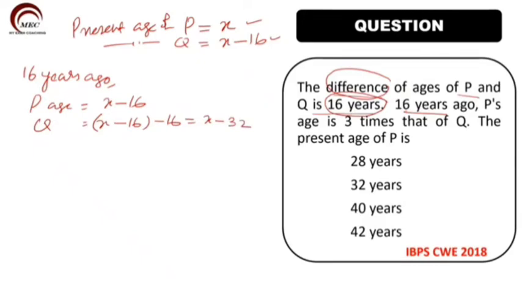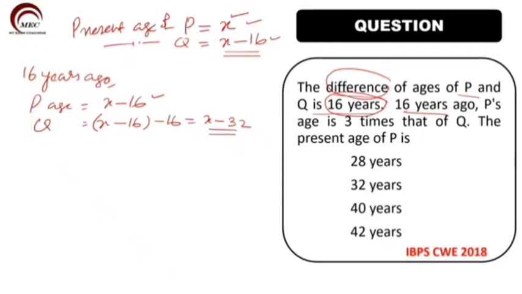The present age of P is X, so 16 years ago, it will be X minus 16. The present age of Q is X minus 16, the present age. So from here, one more 16 we have to subtract to get the age 16 years ago. So 16 years ago, Q's age will be X minus 16, again minus 16. This will become X minus 32.